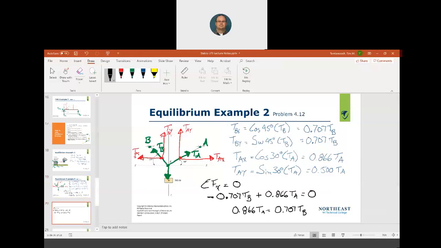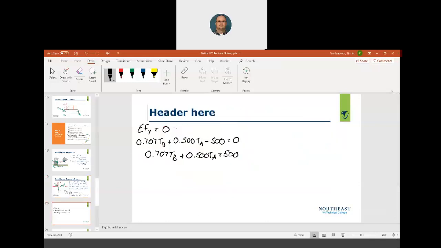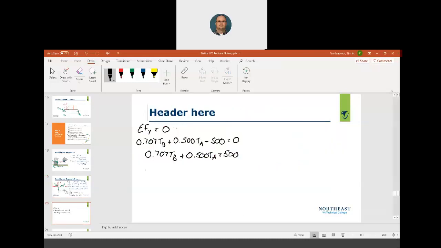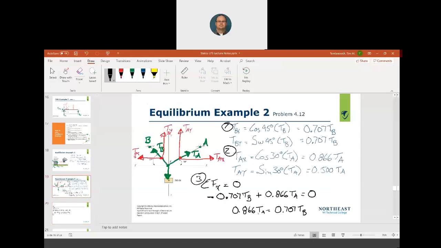Let me label the steps here: 1, 2, 3. They're not in the same order as the steps listed in how you calculate these. Step 6, solving this equation for TA.